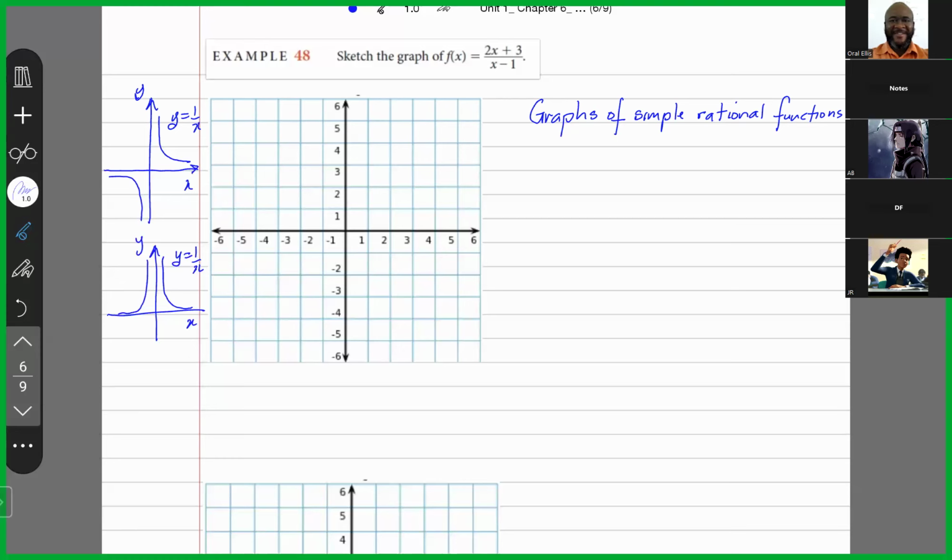Now, the first thing to do is to express your improper fraction as a mixed number or as a mixed fraction. And we're going to do that by dividing.